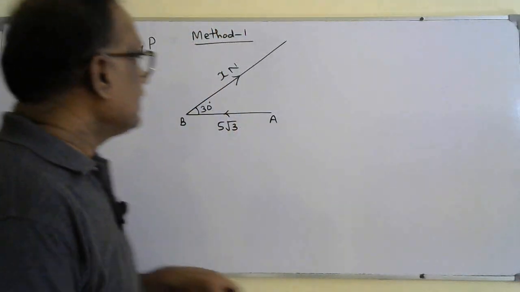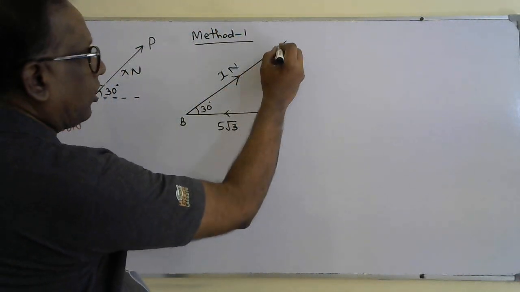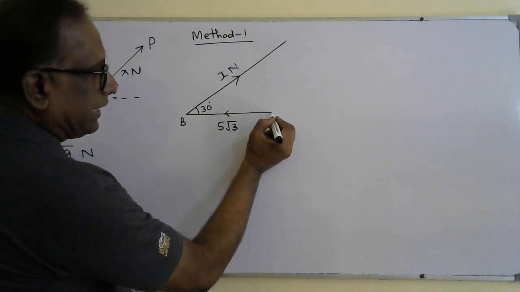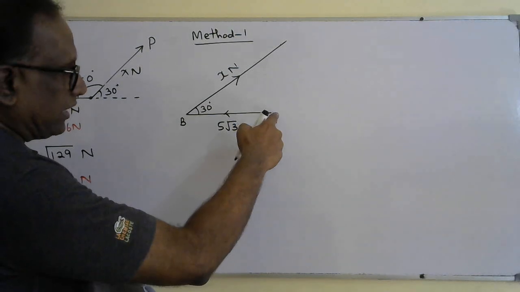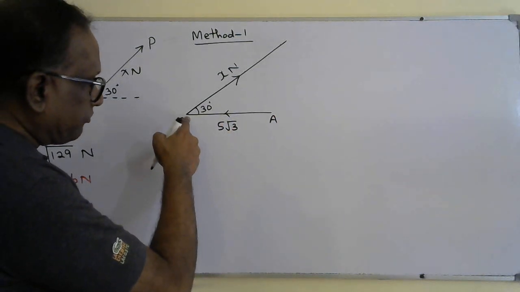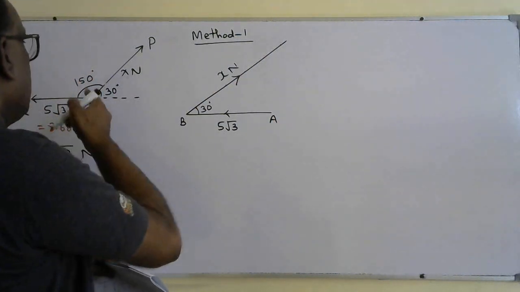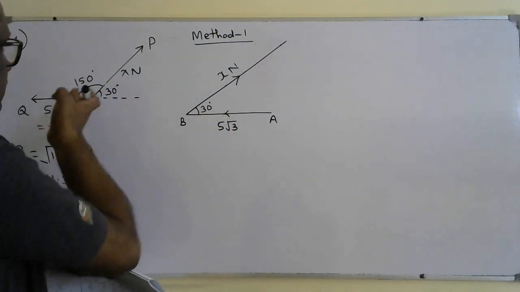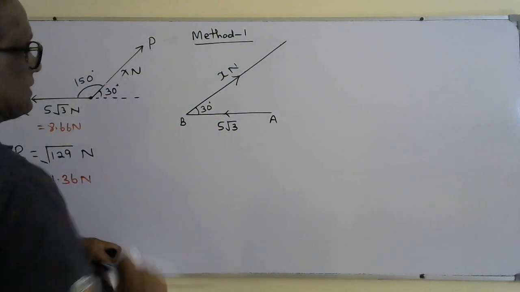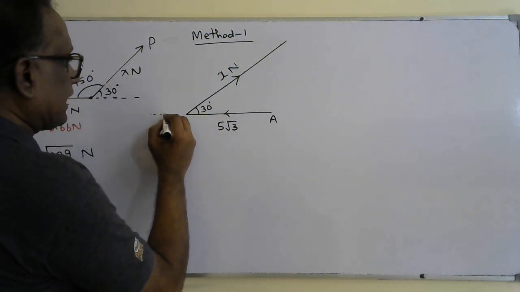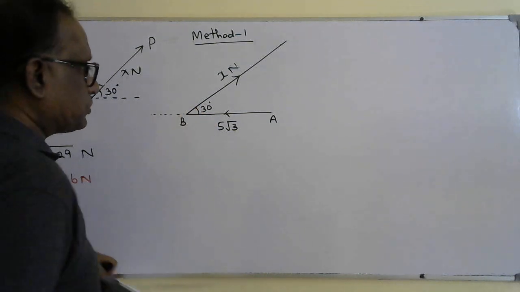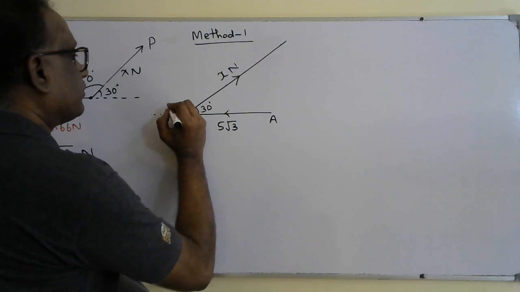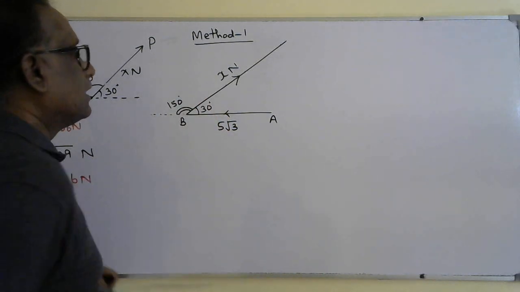The resultant, the connecting line from A to C, is the resultant. This is one force, 5 root 3. From the end of B, the second force is drawn. The alignment of this force is the same, towards left. This is at an angle of 30 degrees in this angle. Or if I consider this angle, this is 150 degrees. I don't need to show that 150. And this is 30 degrees.